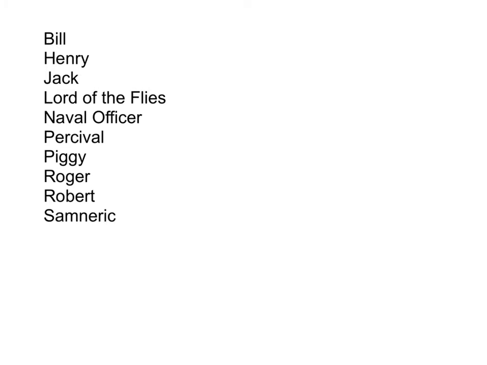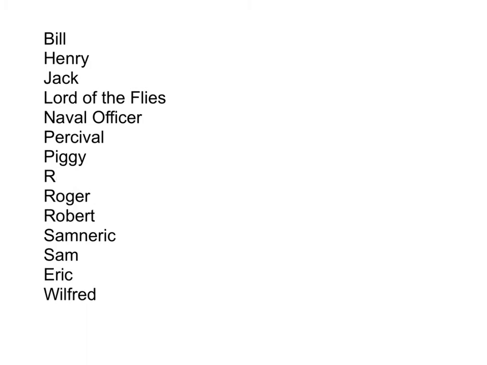And you might just get one, you might just get Sam, or you might just get Eric. You want to know, of course, Wilfred. I missed Ralph. We want to make sure we have him listed because he's a pretty big deal. And I think that's the big lot.